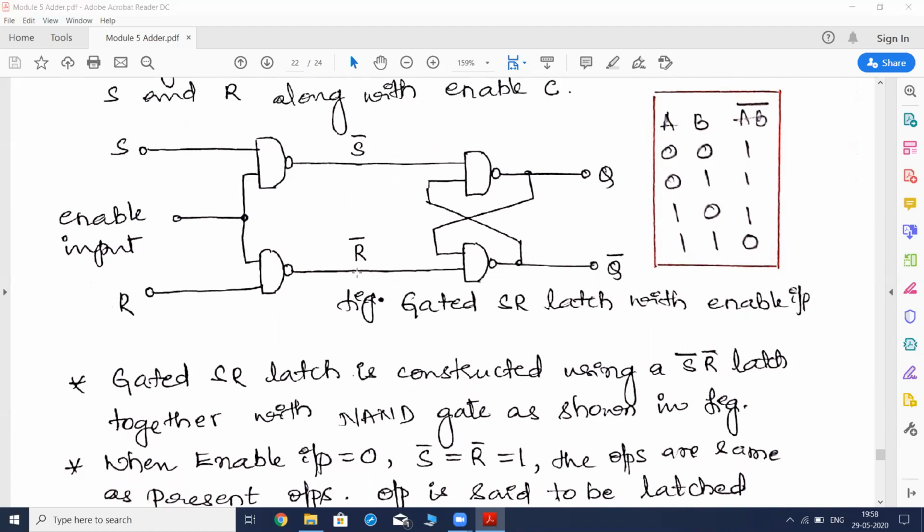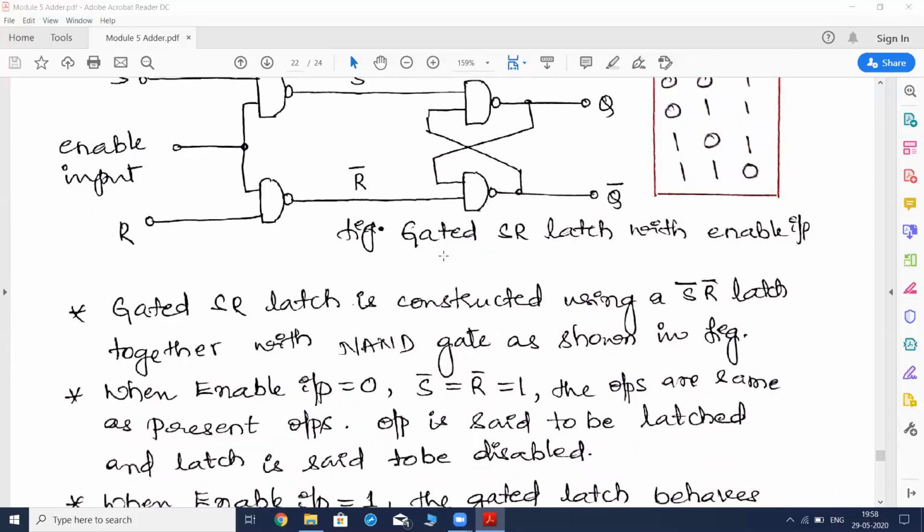When enable is 1, we get the complement at the output of these NAND gates, because this is a NAND gate. We already know that this is the S bar R bar latch, constructed using NAND gates with a cross coupled connection. This is how we construct the gated SR latch.